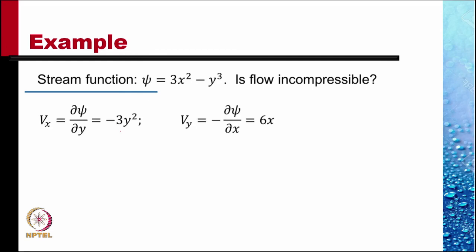Vx is equal to ∂ψ/∂y, and here it would be minus 3y squared, and Vy is equal to minus ∂ψ/∂x, and this would be minus 6x.